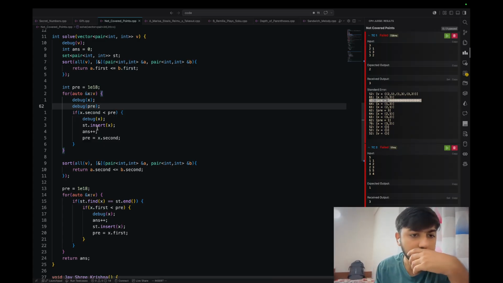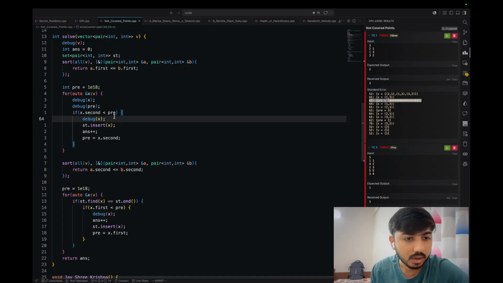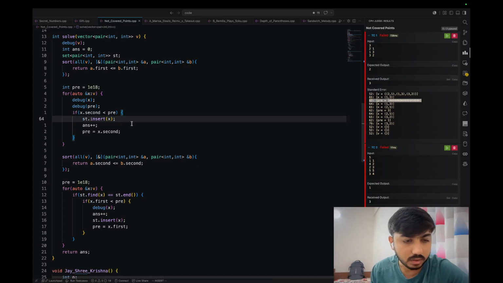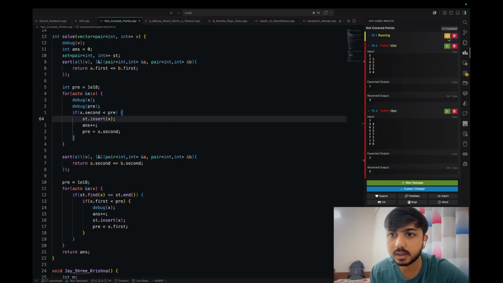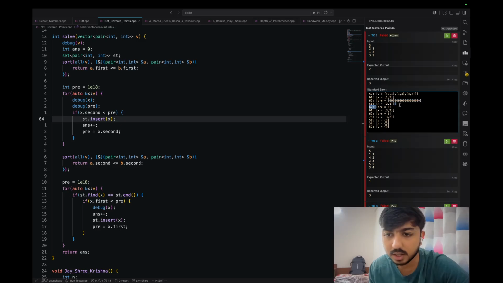It should not go inside, right? Wait, not print this. Yeah. X is this, previous is this, so we are including this in our answer.